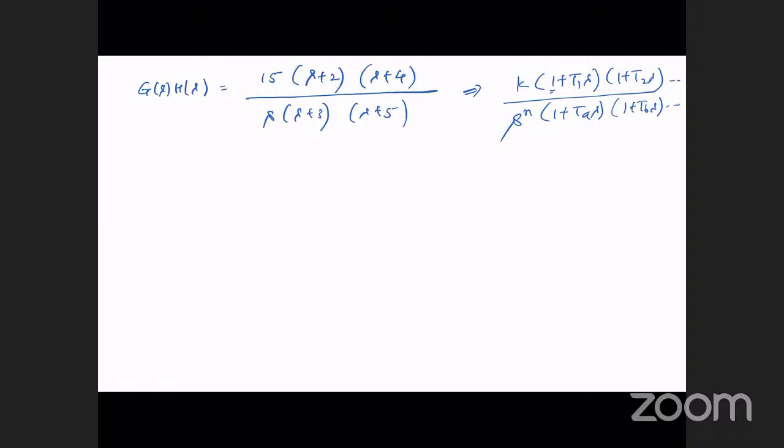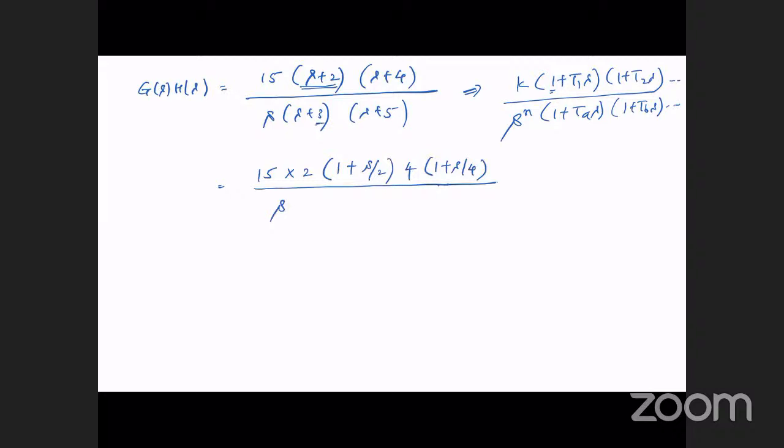In order to convert it into time constant form, let me do it this way. I'm just copying 15 as it is. Then let's convert this. I'll take 2 common. What would be in the bracket? 1 plus s by 2. Then I'll take 4 out, so what remains inside is 1 plus s by 4, whole divided by s as it is.